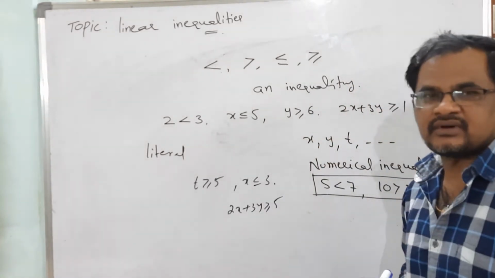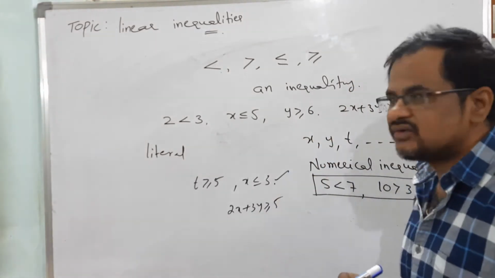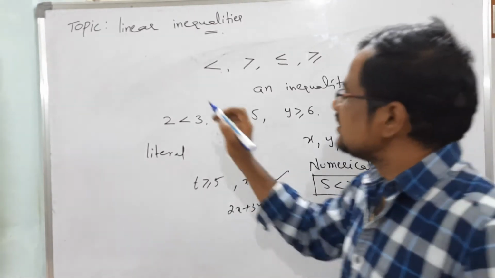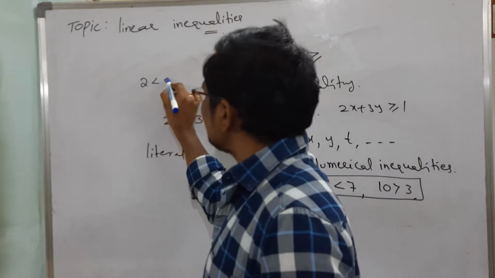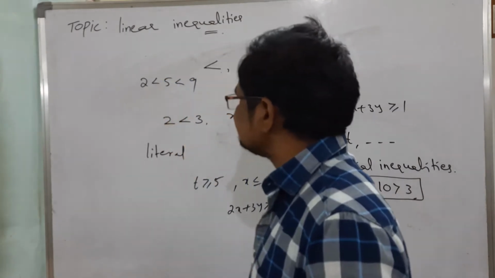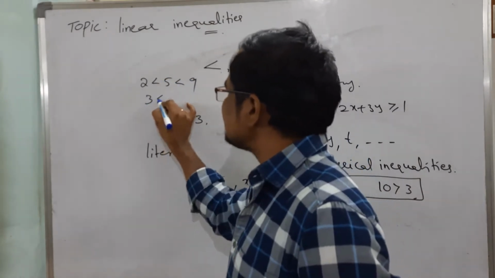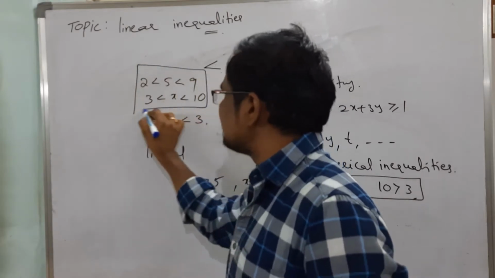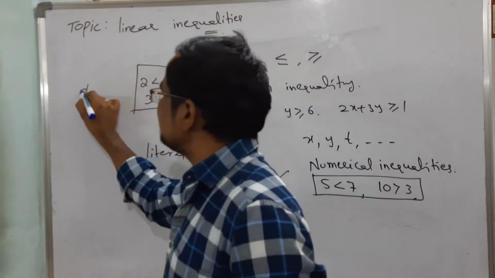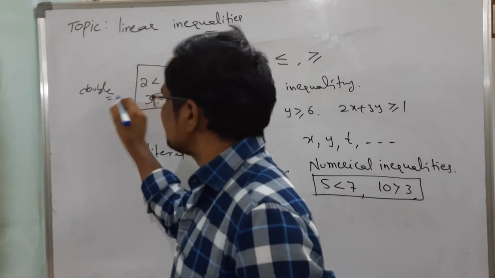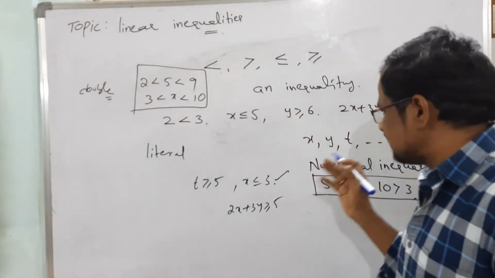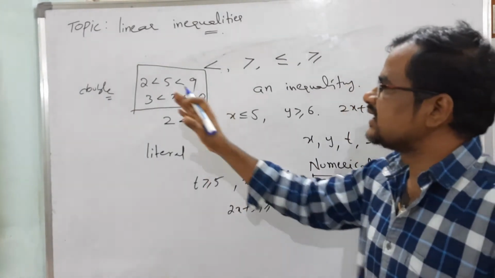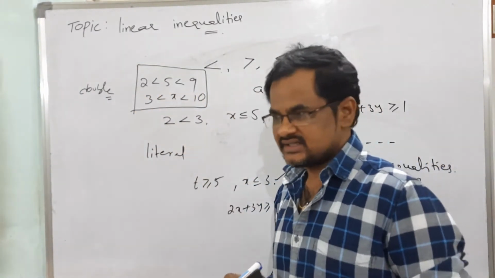This type of inequality is called a literal inequality. And 2 < 5 < 9, or 3 < x < 10, this type of inequality is called a double inequality. Numerical inequalities, literal inequalities, and double inequalities.